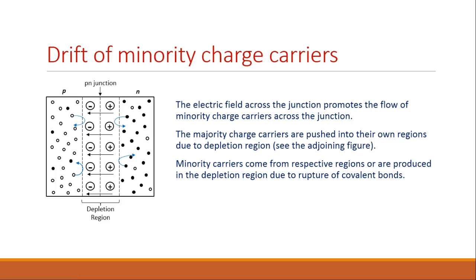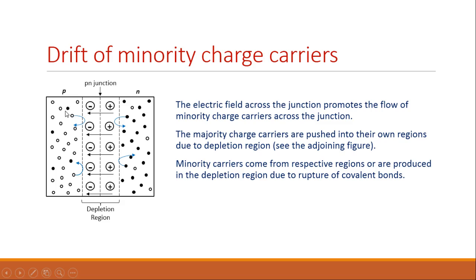So, the electron holes which are formed in the depletion region due to the rupture of covalent bonds are the minority charge carriers. These minority charge carriers, under the influence of the electric field which is formed in the depletion region, can go from P to N and N to P.